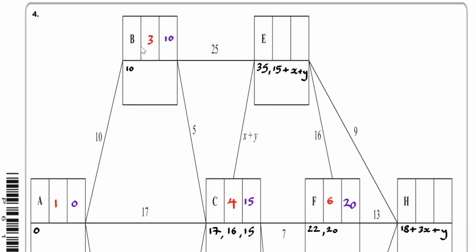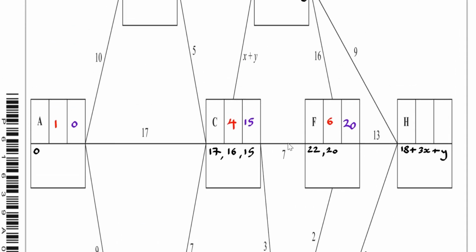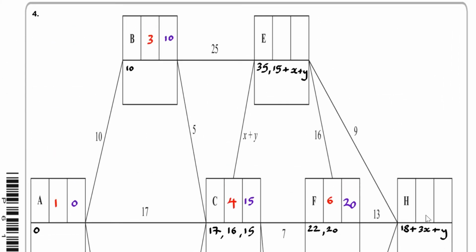Okay, so now we've done all these boxes apart from E and H. Now we finish at H, so therefore E, that corresponds to number 7, and H, that corresponds to number 8.